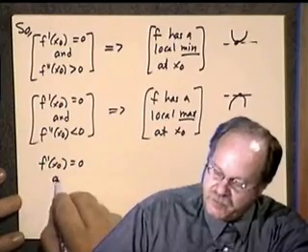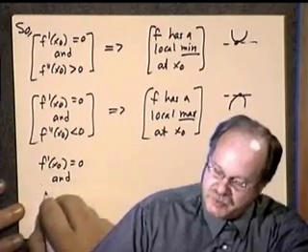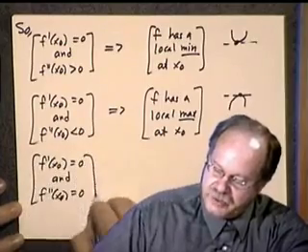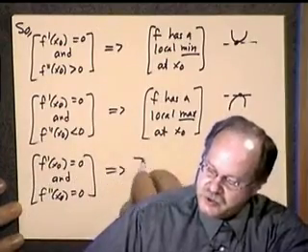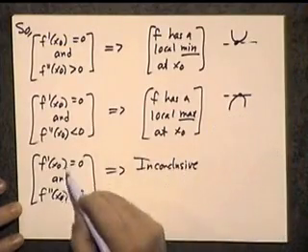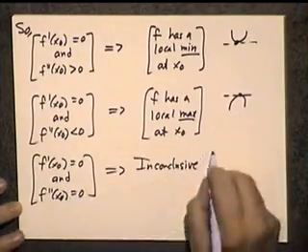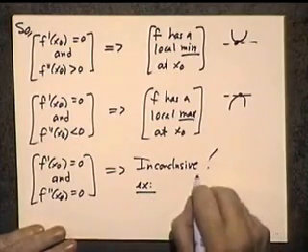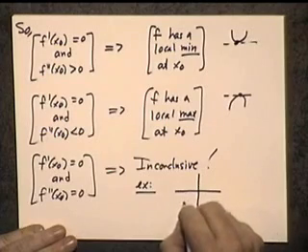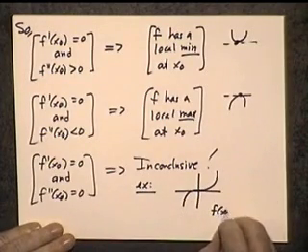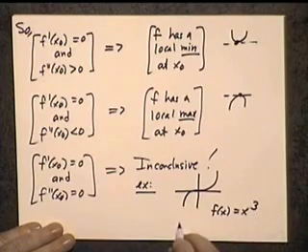If you have 0 for both of them, both the first derivative and the second derivative are 0 at the point x naught, then you get no conclusion. This is inconclusive. You'll have to try something else if you want to learn what's happening at x naught. Just to show you that this actually happens, here's an example. Take f of x equals x cubed, for example.